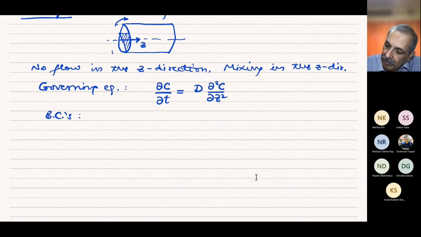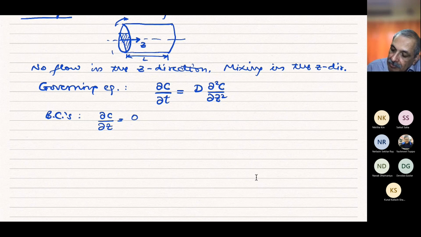Since there can be no flux of material at the ends of the cylinder, and let's suppose the cylinder length is L, the boundary conditions are that del C by del Z, that is the flux of material, must be equal to 0 at Z equal to 0 and at Z equal to L.